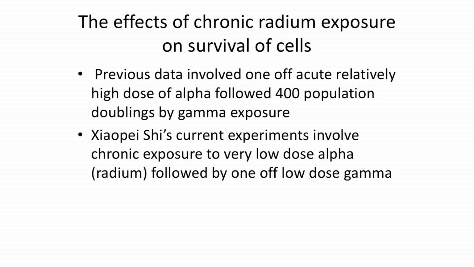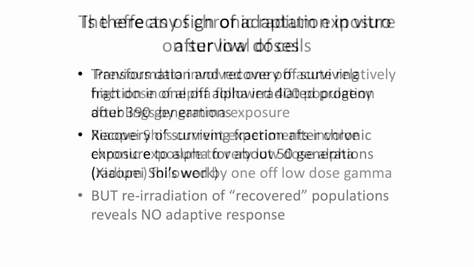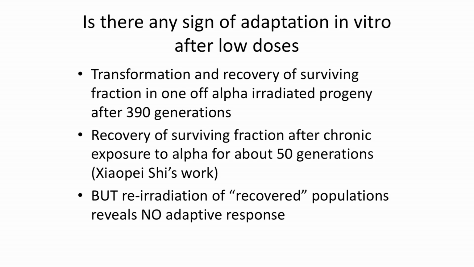And then Xiaopei, our student here, has current experiments where she's looking at chronic exposure to very low dose alpha followed by a one-off low dose gamma. And basically, we're not seeing any signs of these kind of adaptive responses following chronic irradiation in vitro. And if you remember, we did see them in vivo. So we kind of really don't know what's going on.